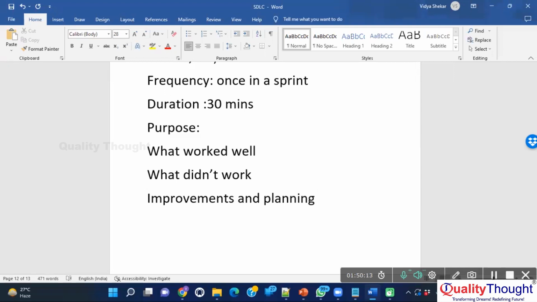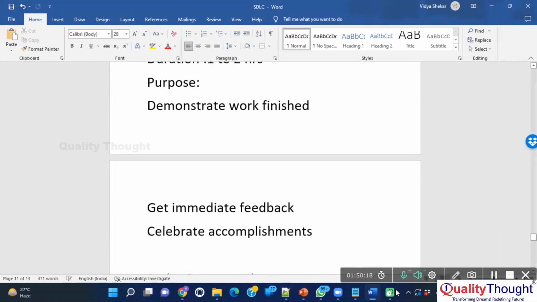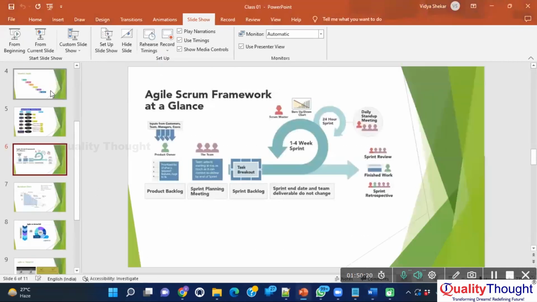So this is what is going to happen as part of the Agile sprint.